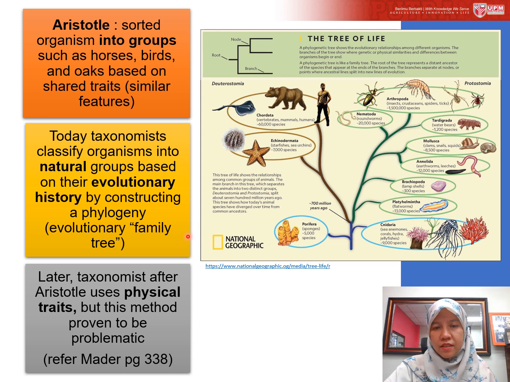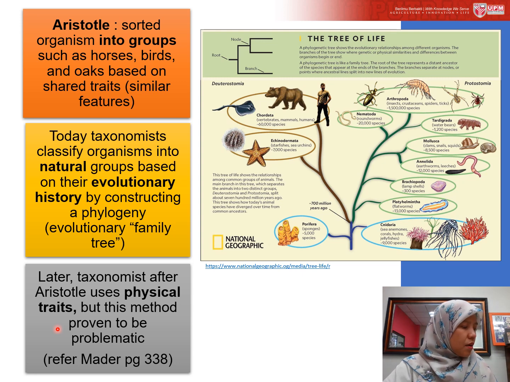Here you can see an example of a phylogeny tree. After Aristotle, taxonomists used physical traits, but this method proved to be problematic. You can refer to the textbook page 338, which mentions this.